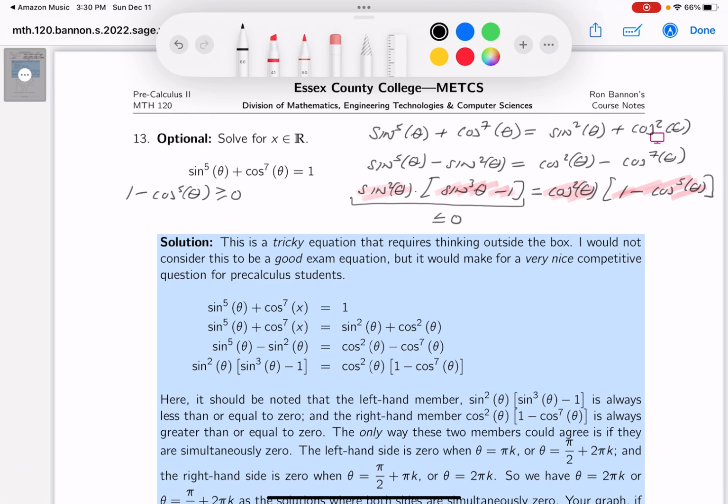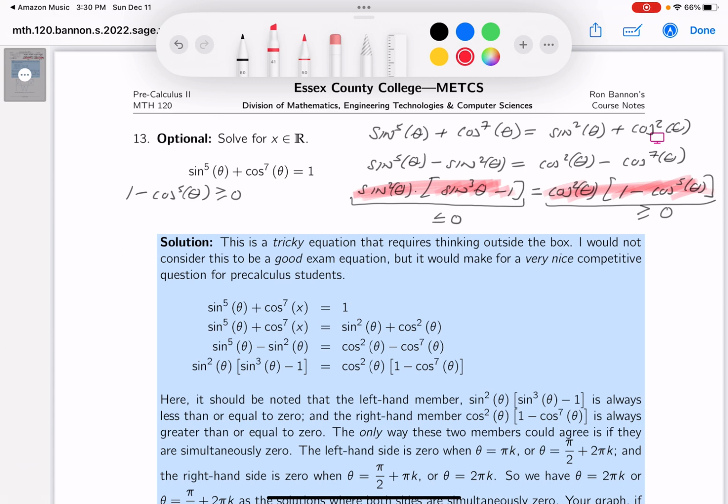So this entire side is greater than or equal to 0. The only way for this equation to have a solution is if these things are simultaneously 0. In other words, if the left-hand side is 0 at the same time the right-hand side is 0.